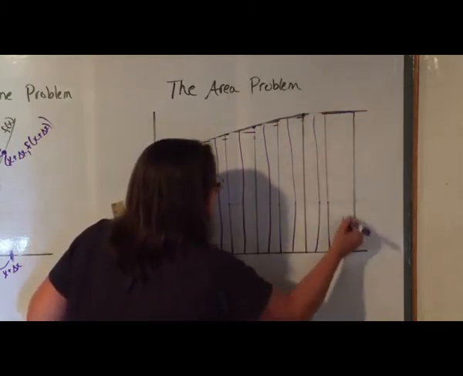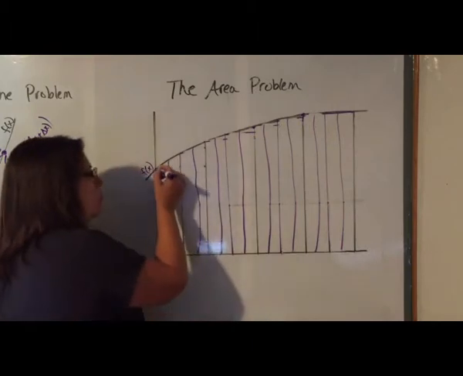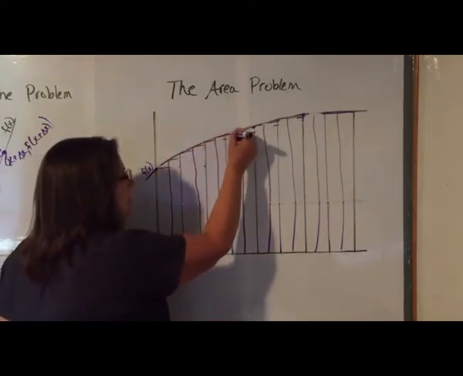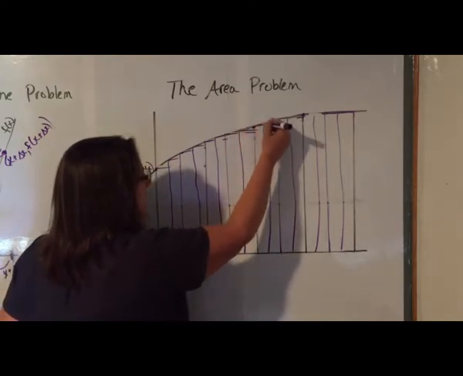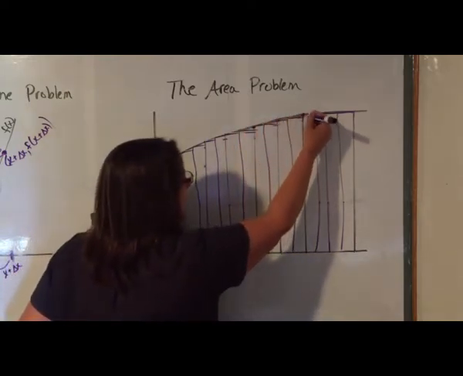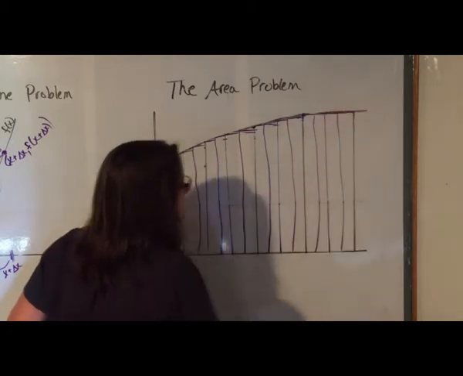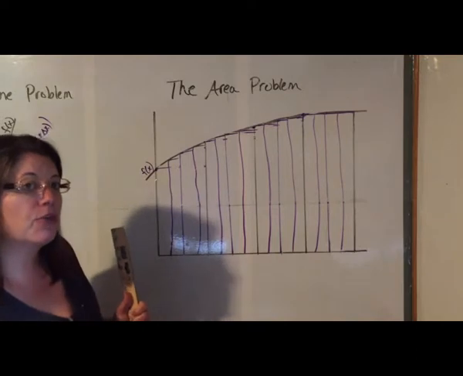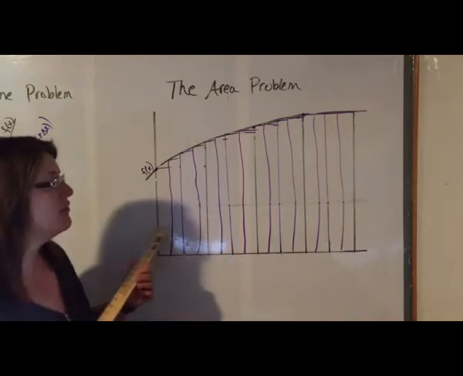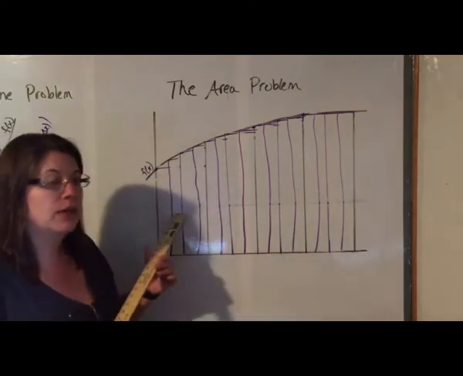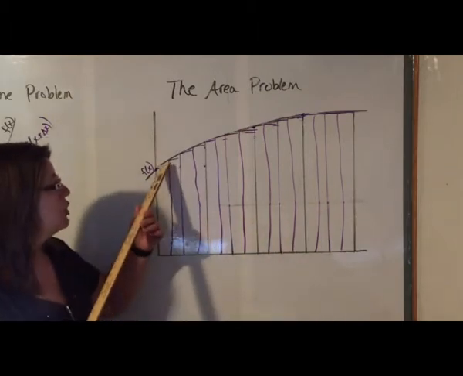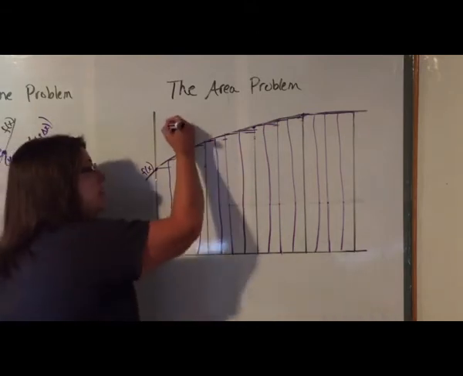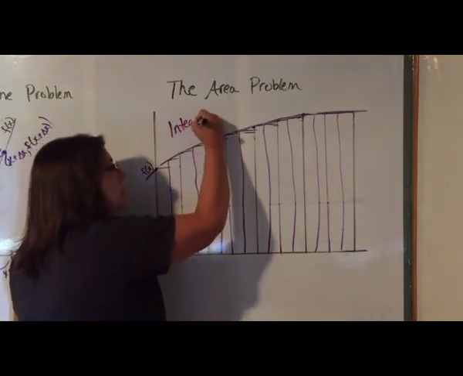And what you will see, and my lines aren't very straight, but what you will see is as I draw these little rectangles, the area, when I add all of these rectangles together, is going to get closer and closer to the actual area under the curve. So the thought is, if I have an infinite number of rectangles here, then I'm going to get the exact area under my curve. And that is something called integration.